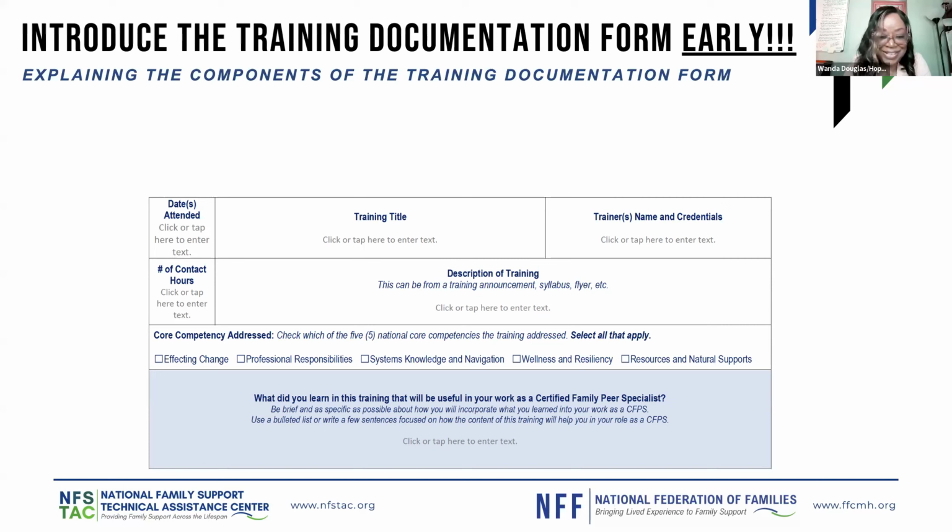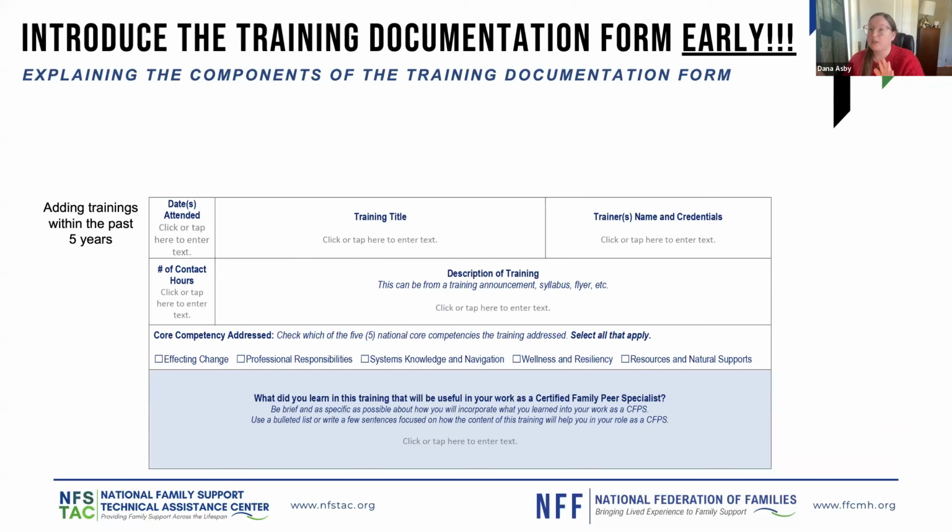Excellent. So now I want to demystify all of the different components of the training documentation form. Once again, I urge you to introduce this to your candidates early and go through all the components and what NFF is looking for. The trainings have to have occurred within the past 5 years for new applicants.